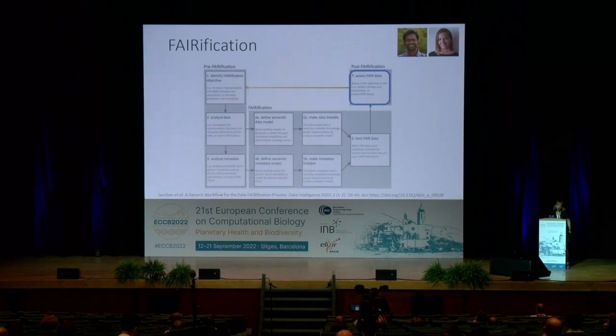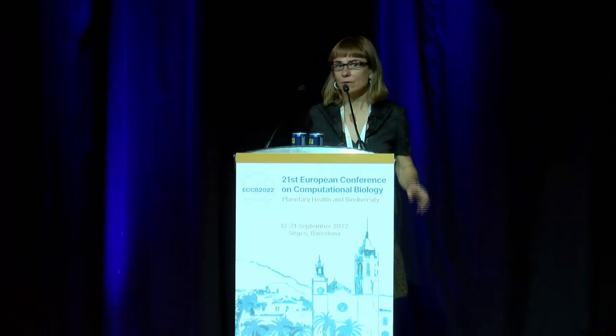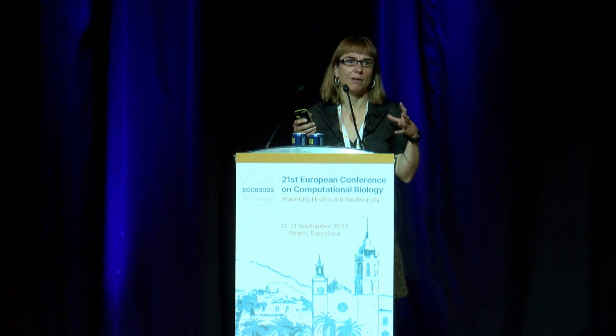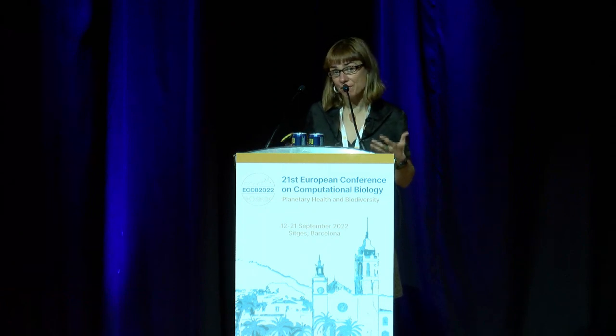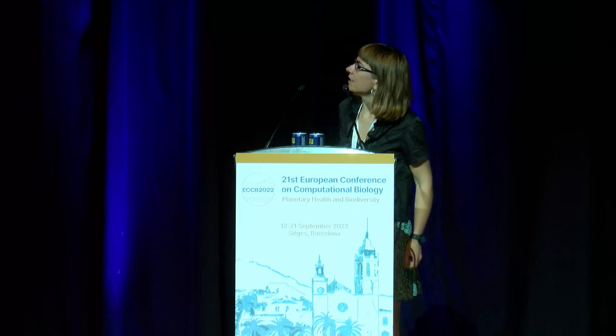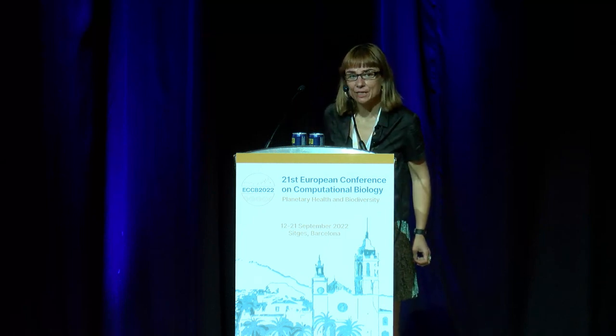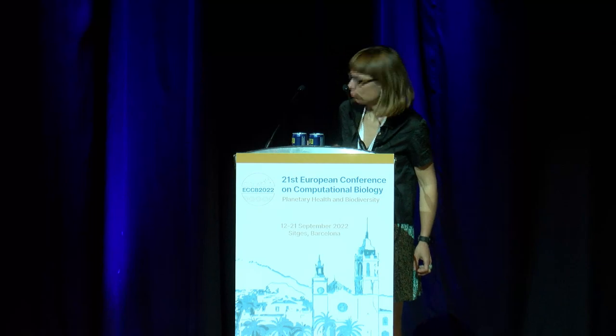So our approach on verifying rare disease data resources in the EJP RD, we follow the workflow that I'm showing here, and it is an iterative workflow because we incrementally make data more FAIR, and this workflow was described in this paper.